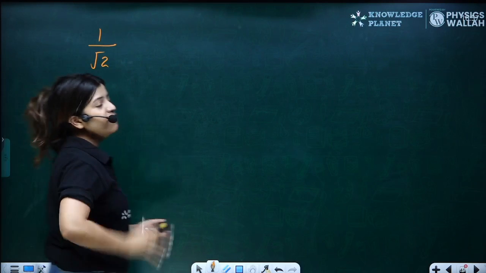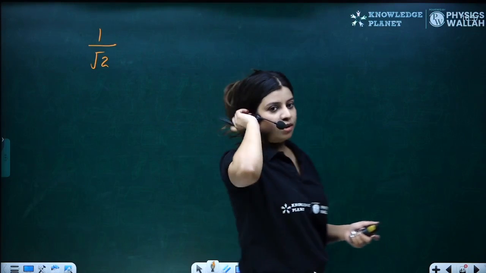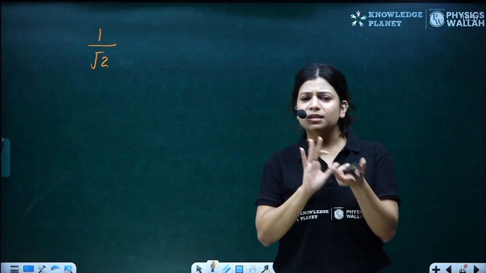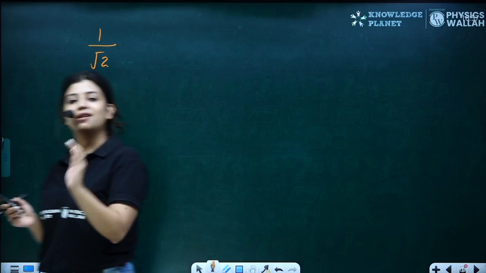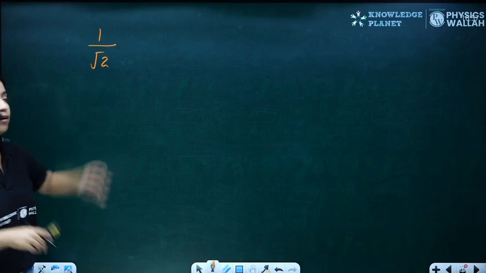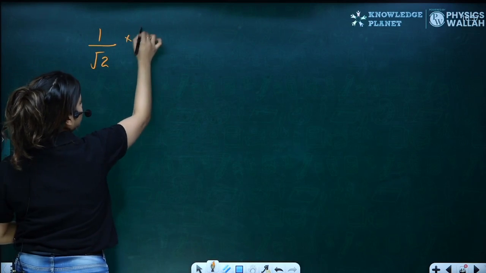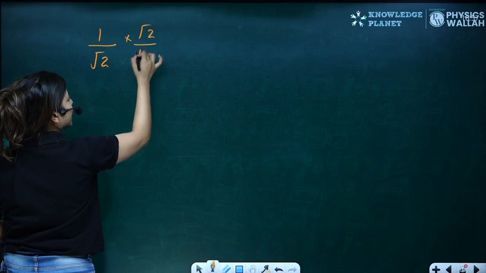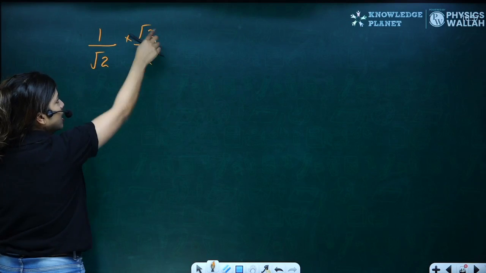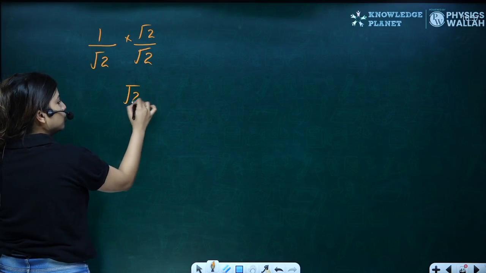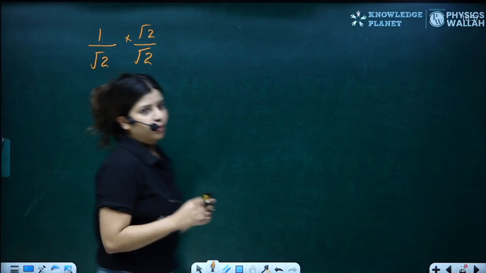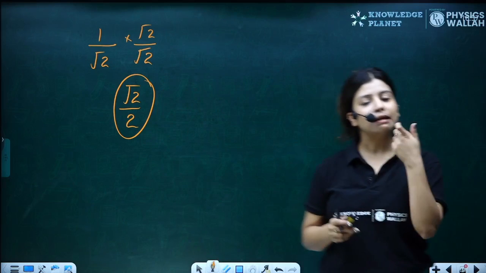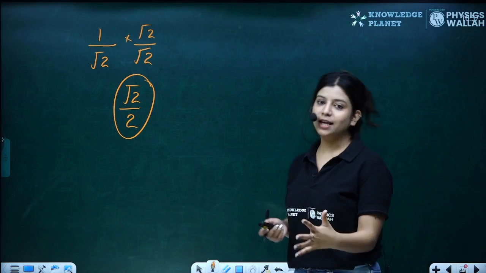So when you have only one under root term in denominator and it is only a single digit number, no operations, that is plus and minus signs are involved, simply what you can do, just multiply the numerator and denominator with the same number. That is it. So 1 into root 2 will become root 2 and root 2 into root 2 will become 2. So this is how you can rationalize when only a single digit number is available in the denominator.